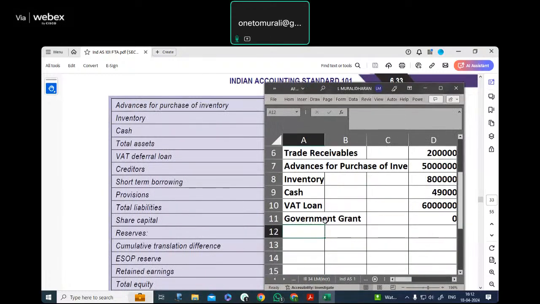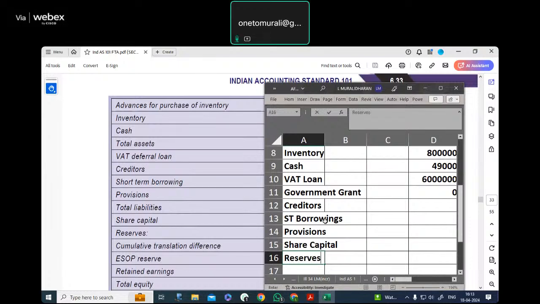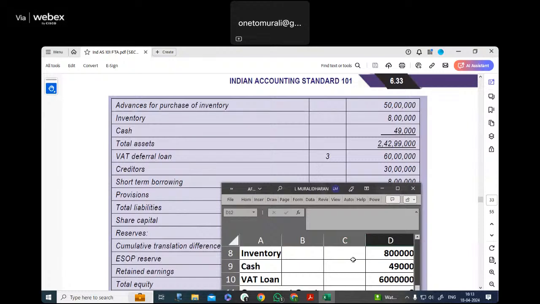After that, we will have creditors, short-term borrowings, provisions, share capital, reserves. So let's take up one by one. Creditors, $30 lakhs.